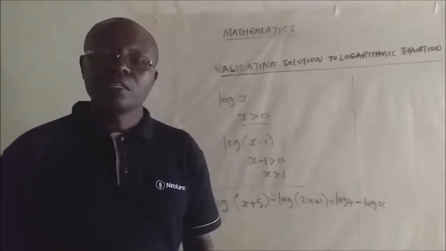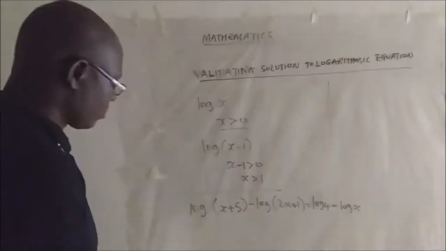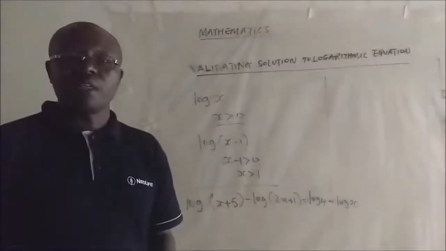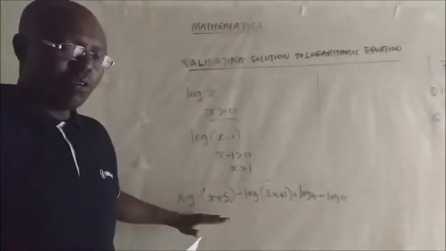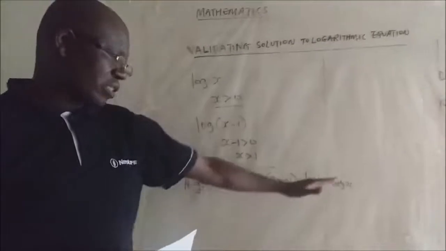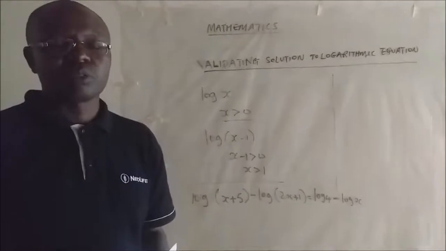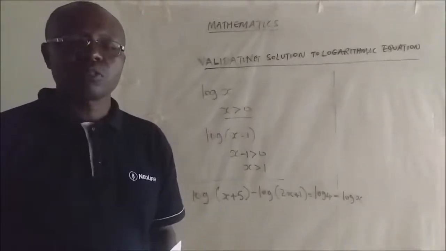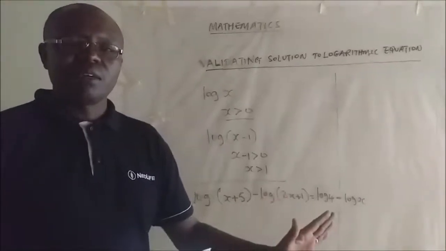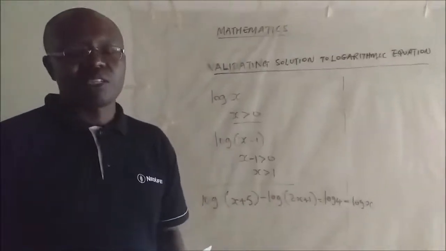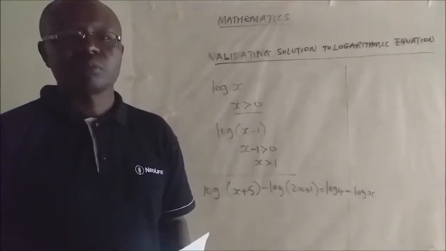We now proceed to solve this logarithmic equation. When we inspect the left side of our equation, we have two logarithmic expressions. When we inspect the right side, we also have two logarithmic expressions. From our previous lessons, we emphasized that the left side and the right side must have single logarithmic expressions.